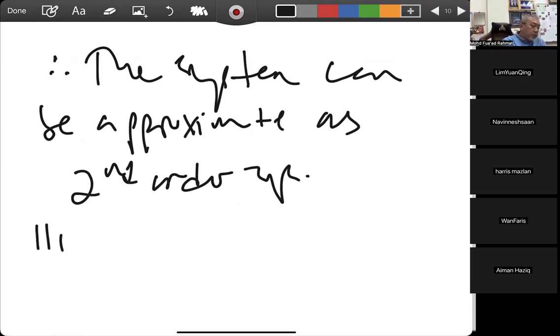Third one is the peak time, steady state error, Kp, and so on.